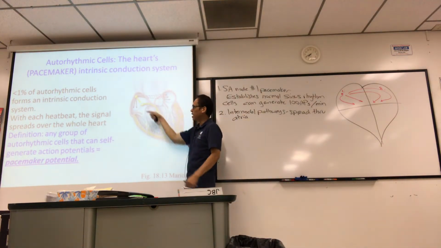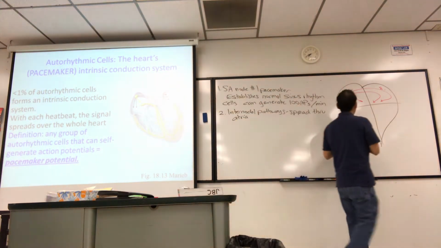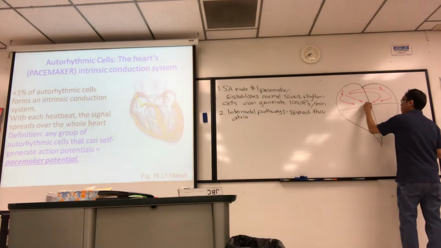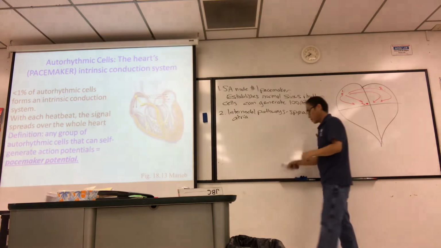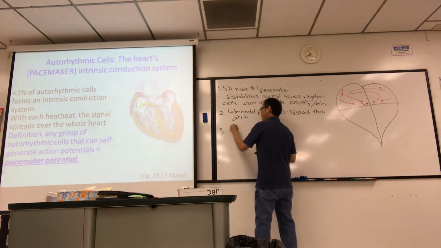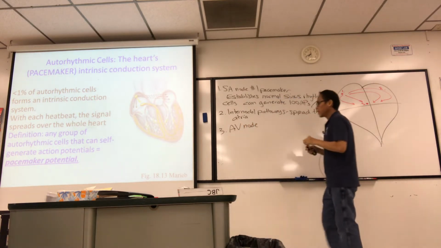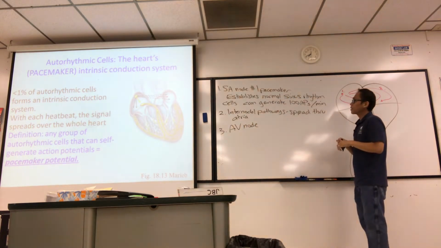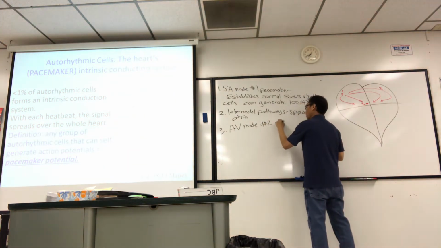The next one is the AV node. I'll put it right here. Also look for it in the right atrium. I'm on number 3. Atrioventricular node, or we just call it AV node. Those cells have pacemaker potential, so I guess it's the second strongest, number 2 pacemaker.